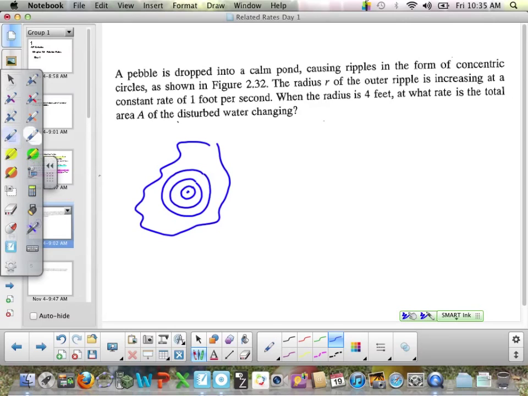All right? Write down what we know and what we don't know. Well, first off, we know the radius is increasing at a constant rate of 1 foot per second. What that means is that the change of the radius with respect to time is 1 foot per second. So dr dt is 1 foot per second.